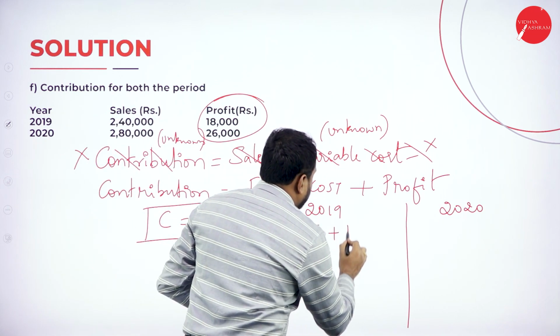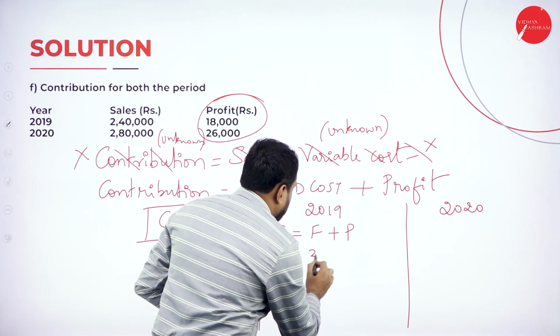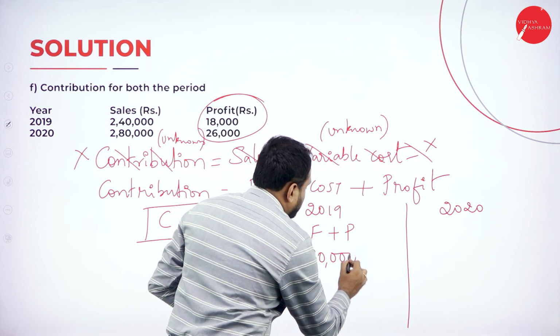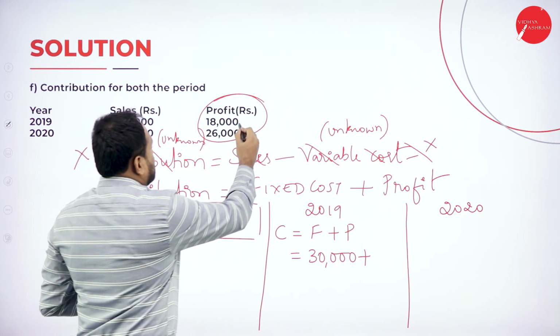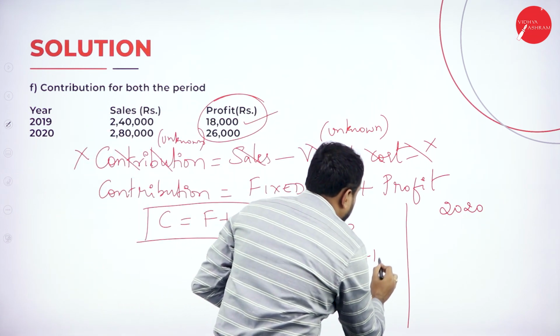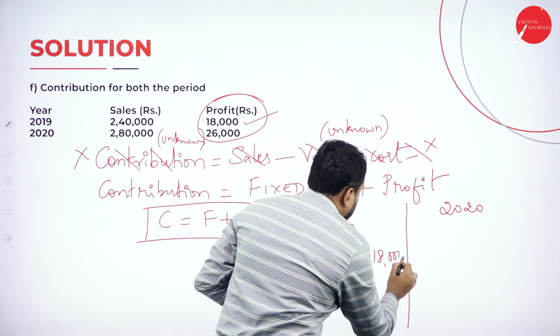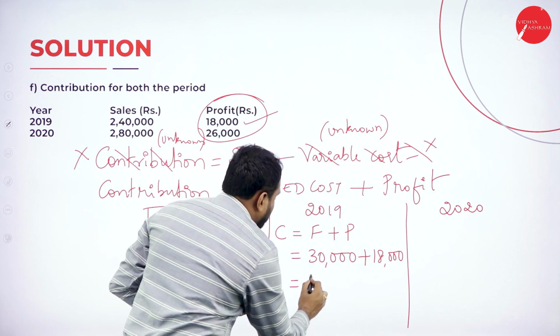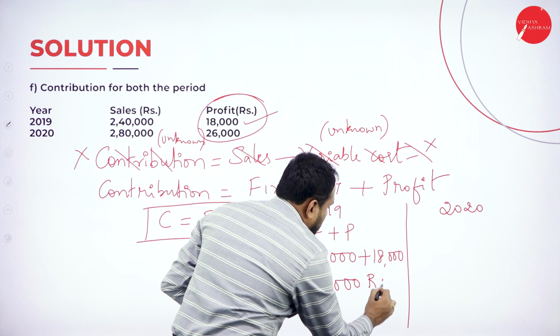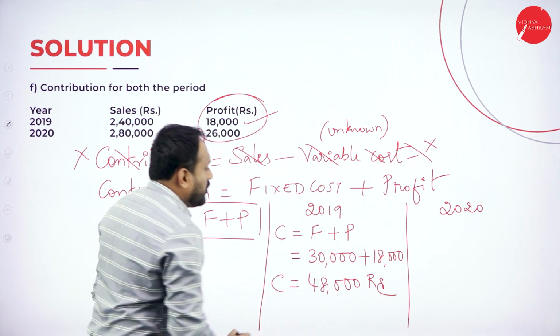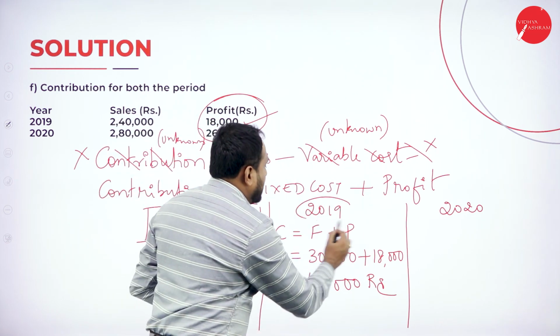So F plus P, write the formula, is equal to 30,000 plus, what is the profit of 2019? It is 18,000. 30 plus 18 is how much? 48,000 rupees. So this is my contribution for 2019.